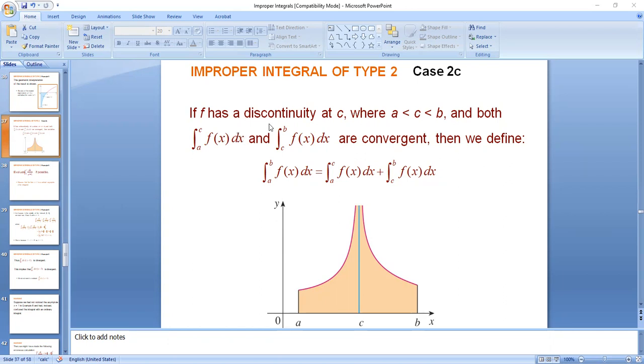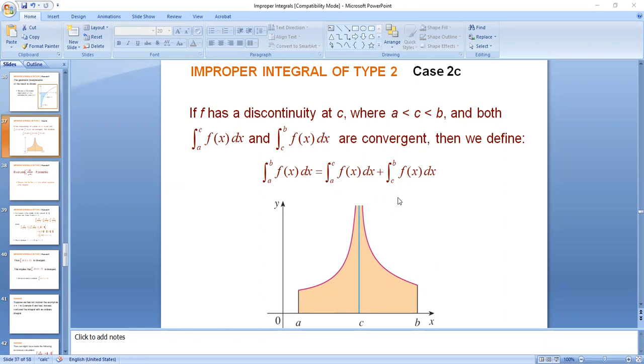If your function f has a discontinuity at C, where A is less than C and C is less than B, and both the integral of the function evaluated from A to C and the integral of the function evaluated from C to B are convergent, then we define the value of such an integral to be equal to the sum of these two integrals, wherein the value C is in between the two original limits of integration. So C now is being used as the upper limit of the first integral and the lower limit of the second.